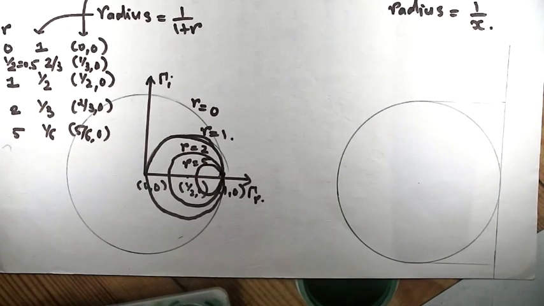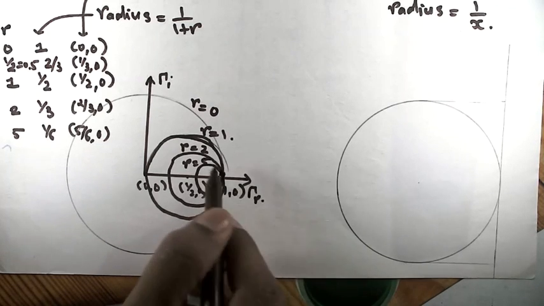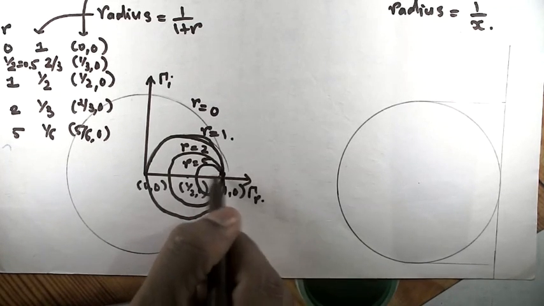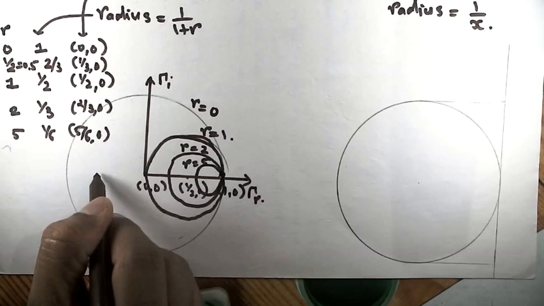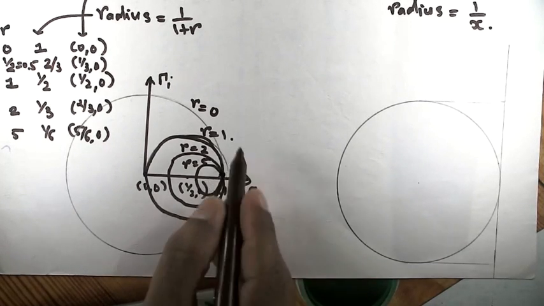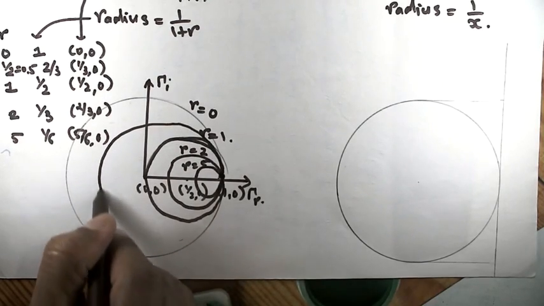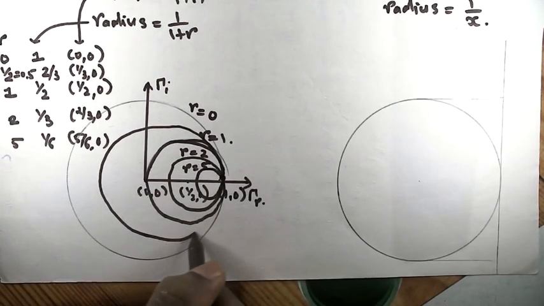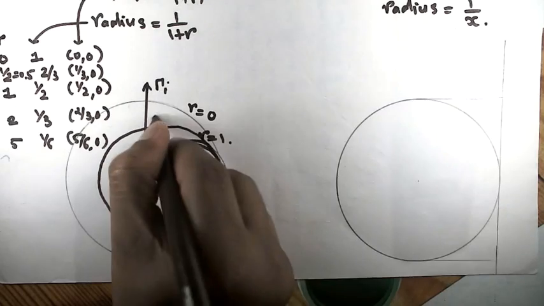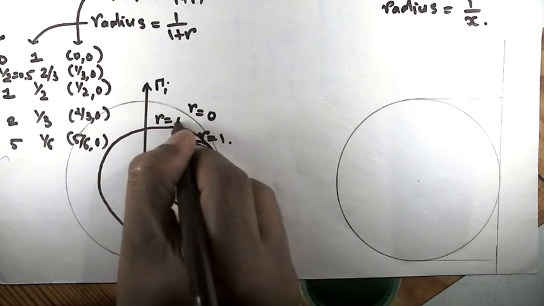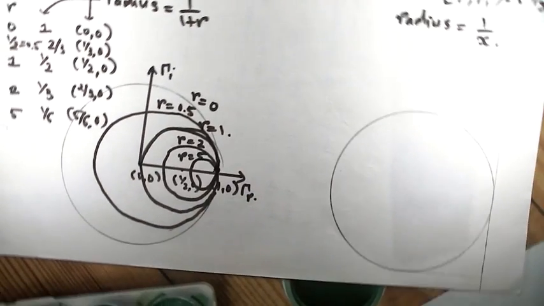If we draw for this case, you can see that we obtain a circle which is larger than the r equal to 1 circle. We may obtain typically this type of circle, which is nothing but the r equal to 0.5 circle.